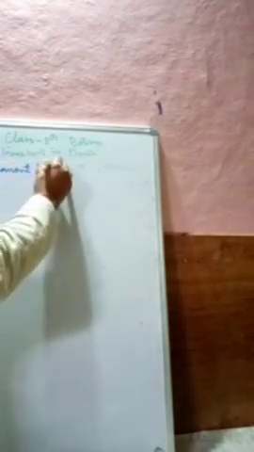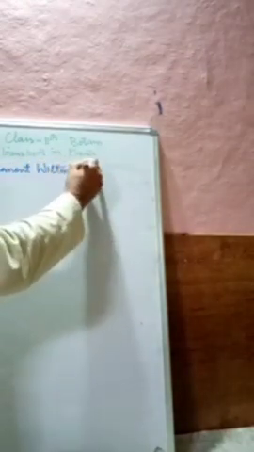Now we have one more term associated with this, that is called permanent wilting percentage.